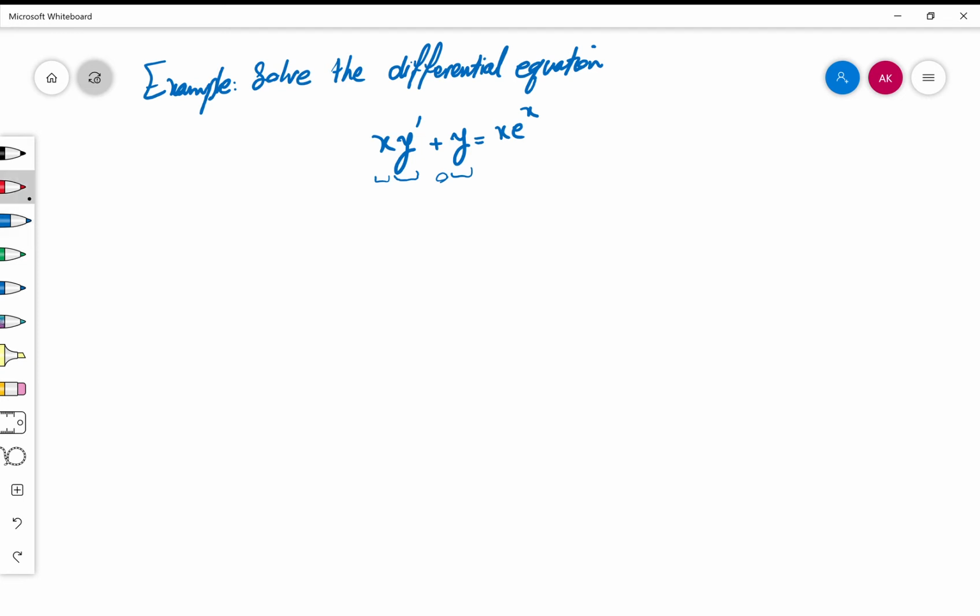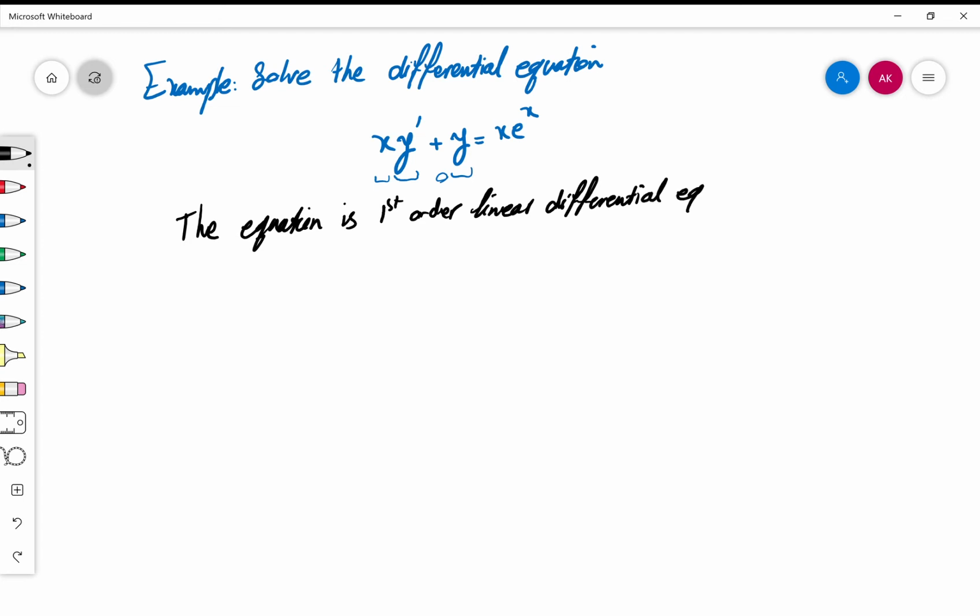This means that the equation is a first order linear differential equation. Well, then to solve it, we know what to do.